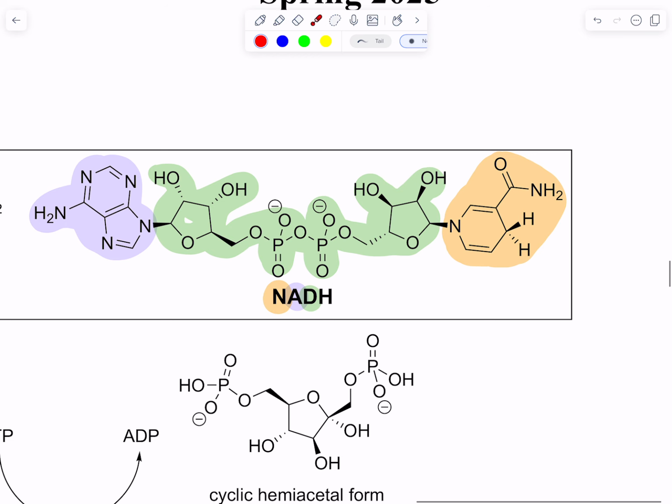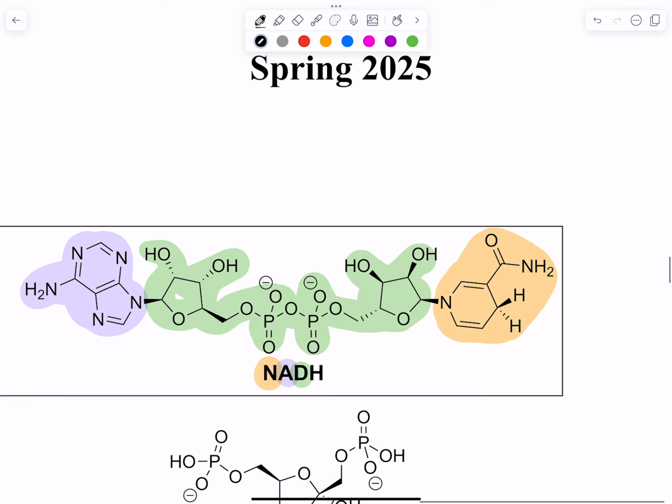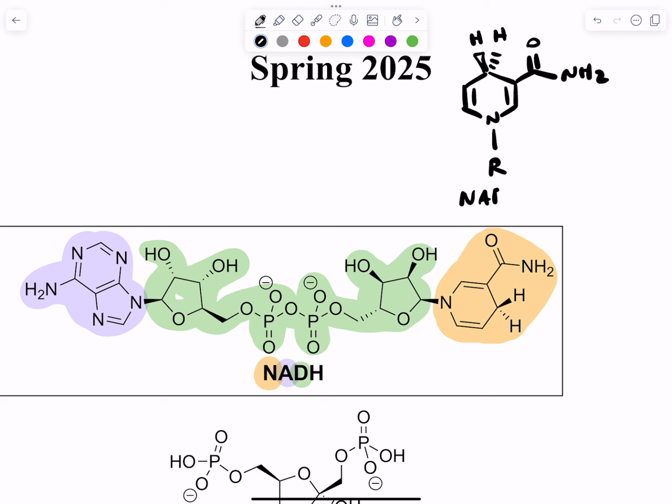For the most part, when we draw NADH or when we use it in mechanisms, we're going to draw it like this: an R group here, a nitrogen here, 2 double bonds here, and then an sp3 hybridized carbon here. And this is how we'll draw NADH.